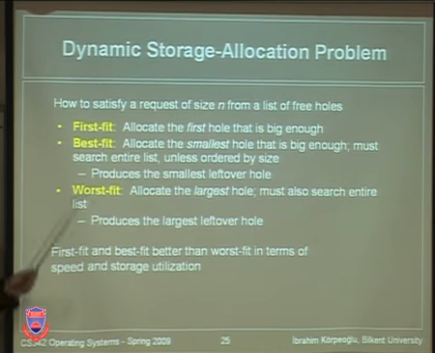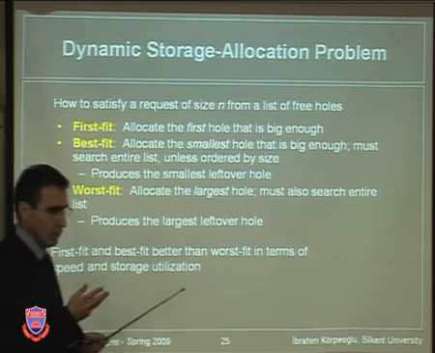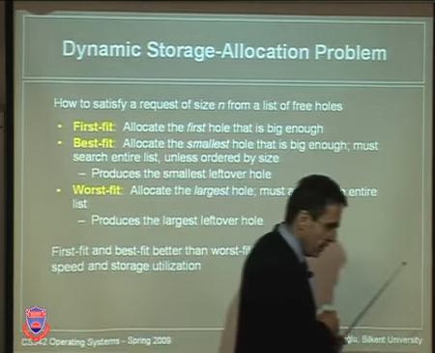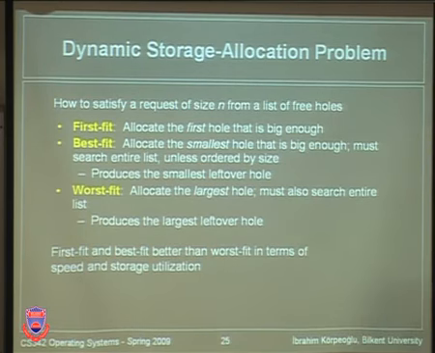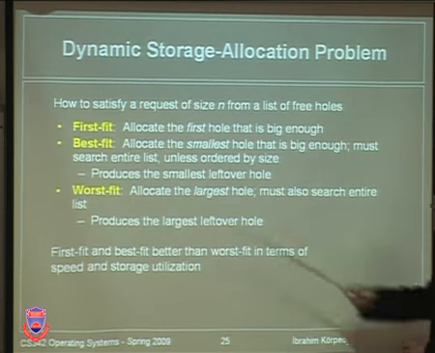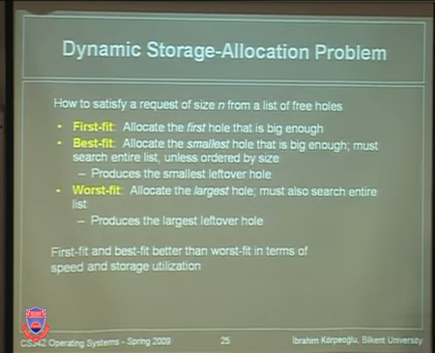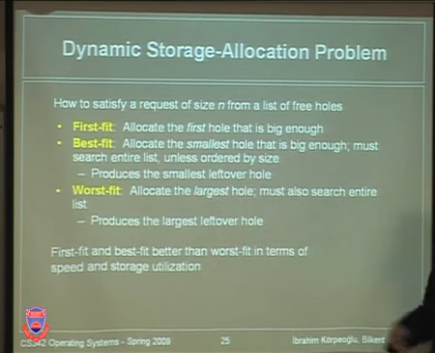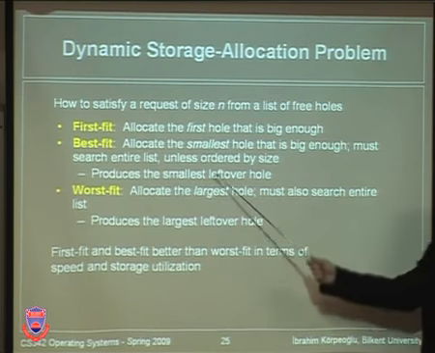In the best fit, you look at all holes, all free partitions, and you find a free space that is large enough, but also that is smallest. You try to find the smallest hole among all holes that is large enough to hold the program. In this way, you produce the smallest leftover hole.